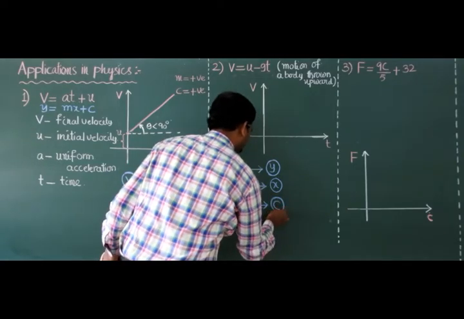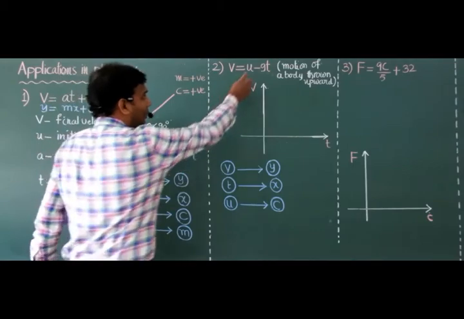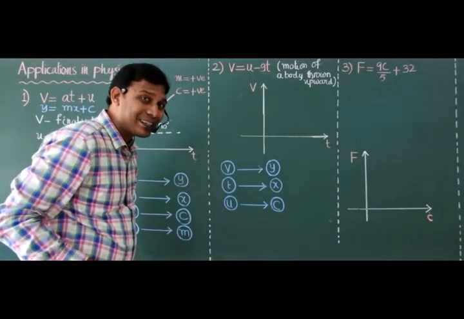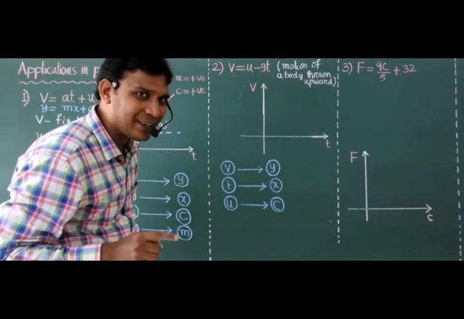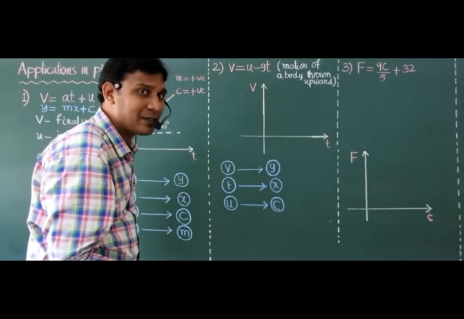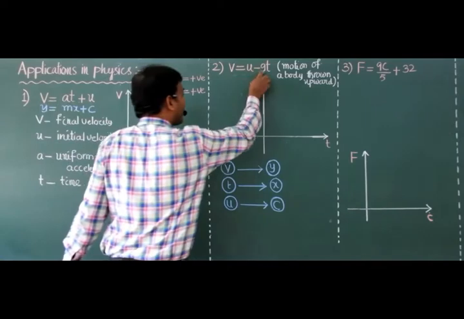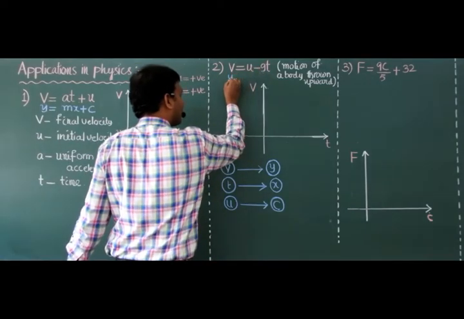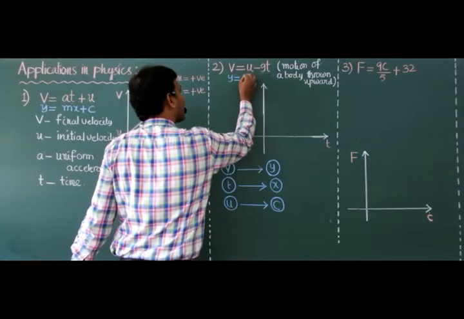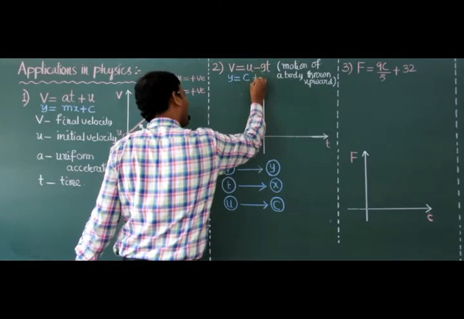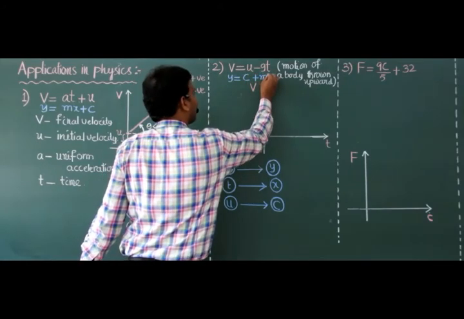C, intercept. What is this? Minus g. Slope negative or positive? Negative. Here positive. Here negative. I will write like this: y equals c plus mx.